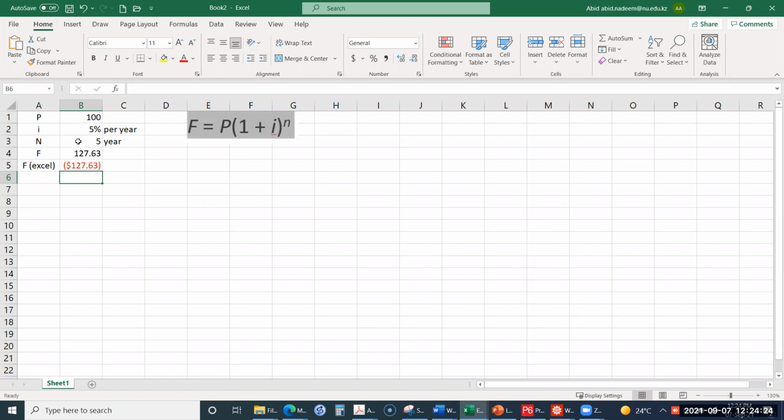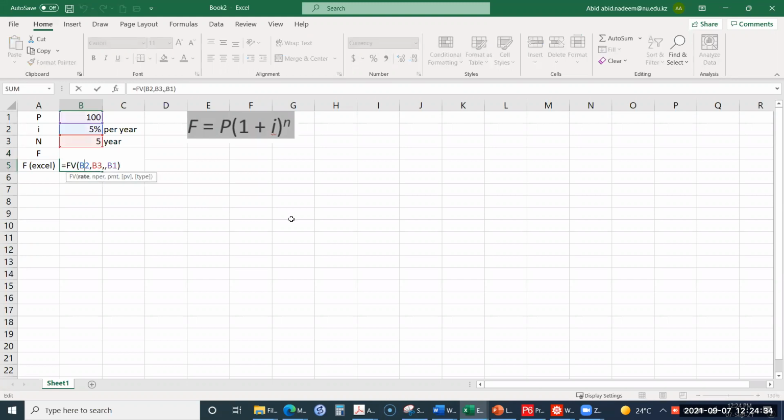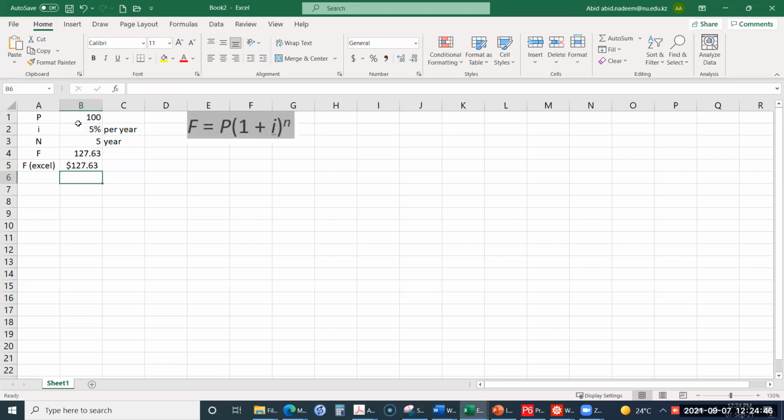For example, if we are saying that this is the deposited amount, and this is the amount which you will get, then you will put minus B1 over here because this B1 value is the deposit amount. So you can put a negative value over here, and in this case, you will get a positive answer, 127.63, which is the same answer.